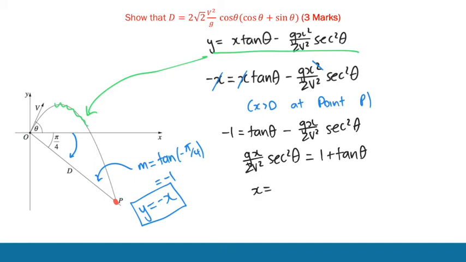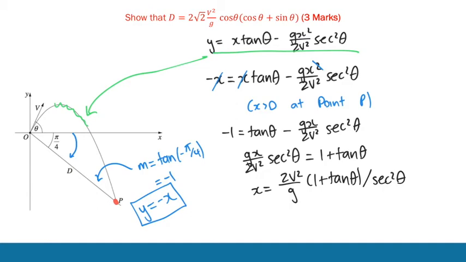Then we'll just move everything to the other side. So we'll get 2v squared on g times 1 plus tan theta over sec squared theta. And from there, just make sure you've understood all the preceding algebra.